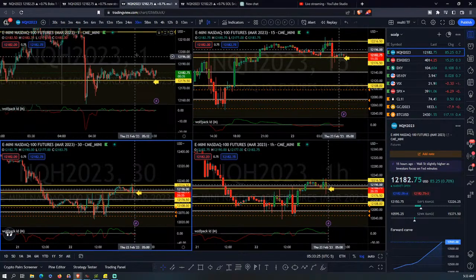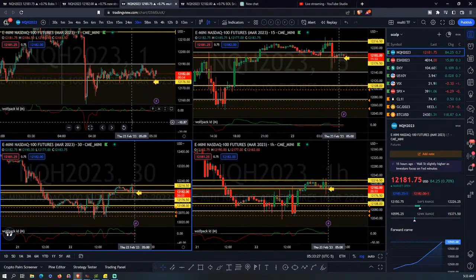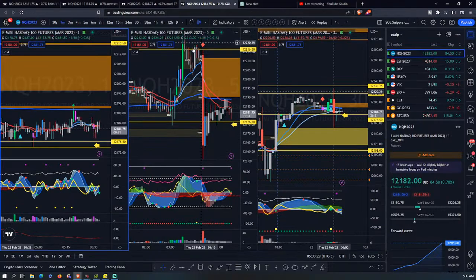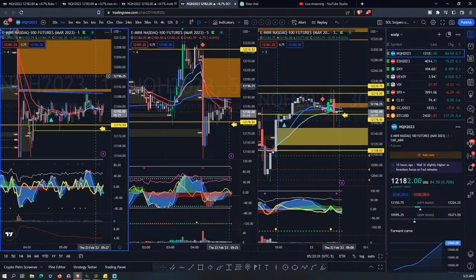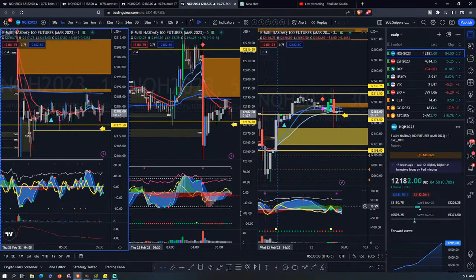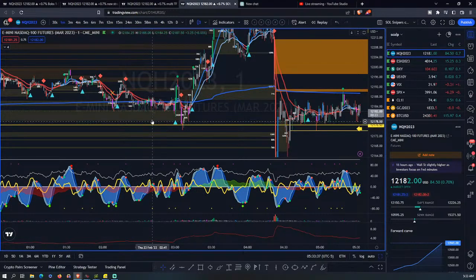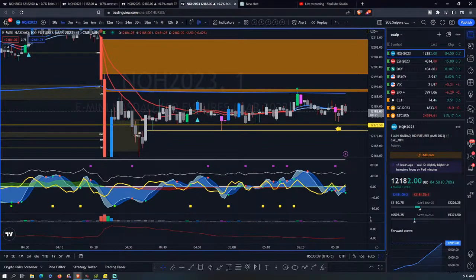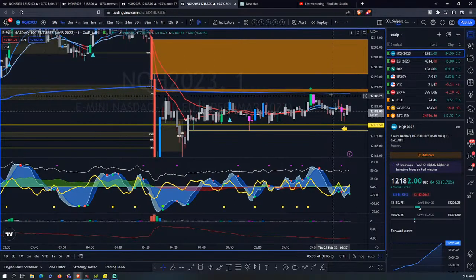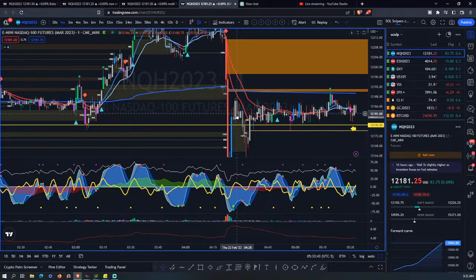Okay, so this is a multi-time frame chart. I'm gonna keep this as one time frame now. So look at this. Up, down, then sideways.